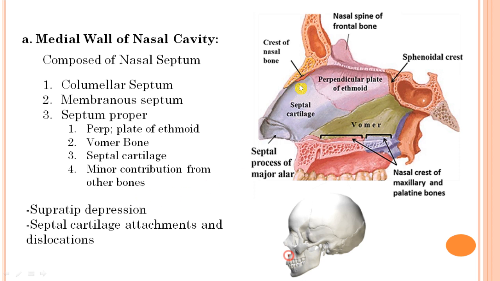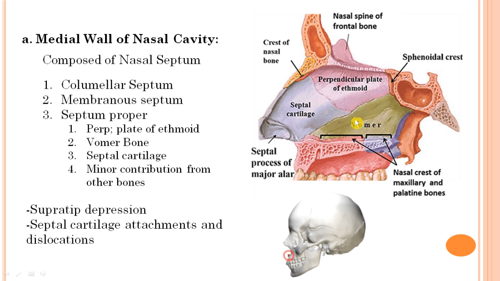For example, there is a crest of the frontal bone, and there is a small crest from the sphenoid bone as well, that is called the rostrum of the sphenoid bone. And then you have a small nasal crest that is formed from the maxilla as well as the vomer bone, as well as the palate. This is called the palatine bone. So the palatine bone gives a small crest, as well as the maxillary bone gives a small crest.